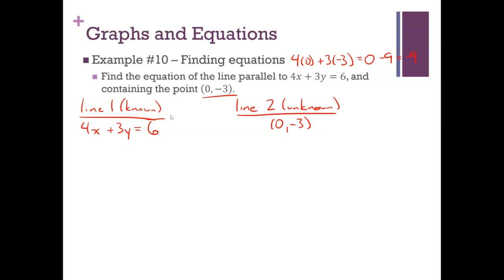What do I know about how line 1 and line 2 are related to each other? Same slope. How come? They're parallel. Therefore, same slope.